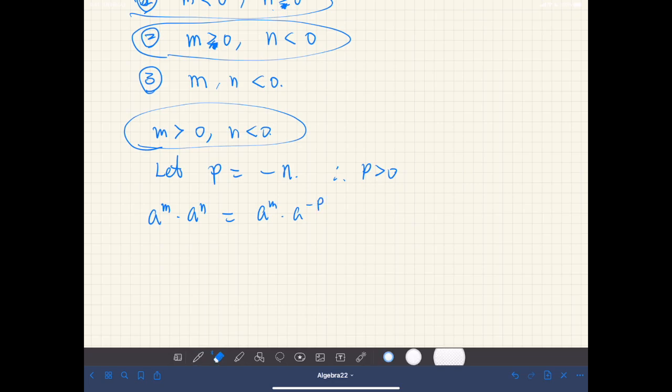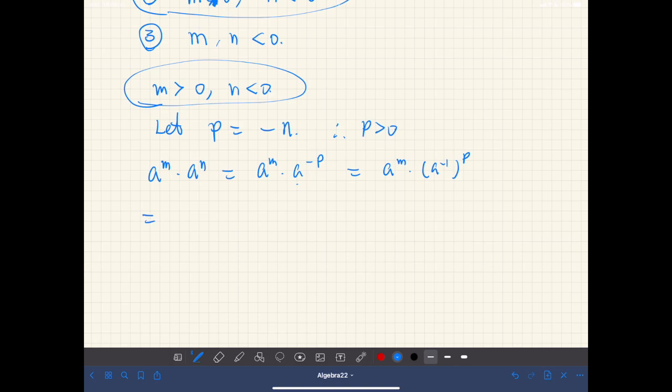Okay, but by the definition of negative exponent, this is equal to a inverse to the power of p. Right? So just expand everything. We have a times, and so on, so a appears m times, and a inverse, and so on, a inverse appears p times.